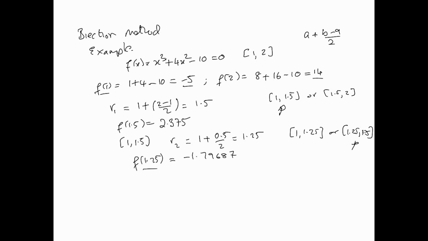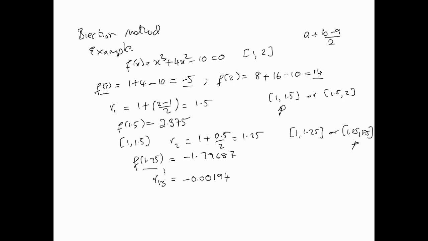If you continue this way about 13 iterations down the road, in other words the 13th iteration, R13, you'll find that as we go further, we'll get a value of minus 0.00194.